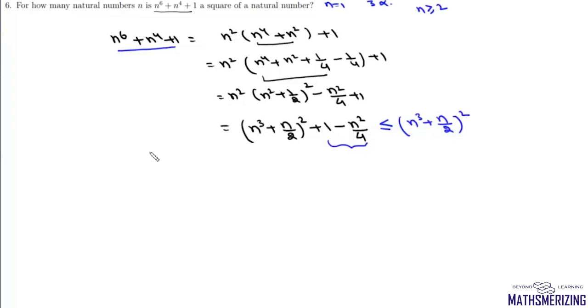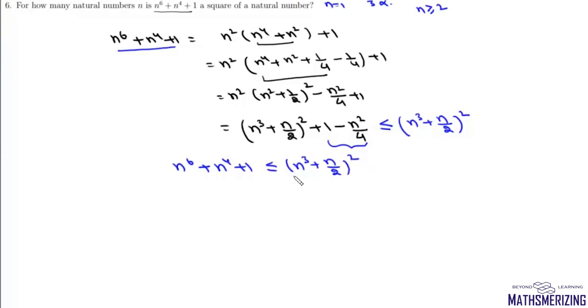So the first relation that we have established is n to the power 6 plus n to the power 4 plus 1 must be less than or equal to n cube plus n by 2 whole square.